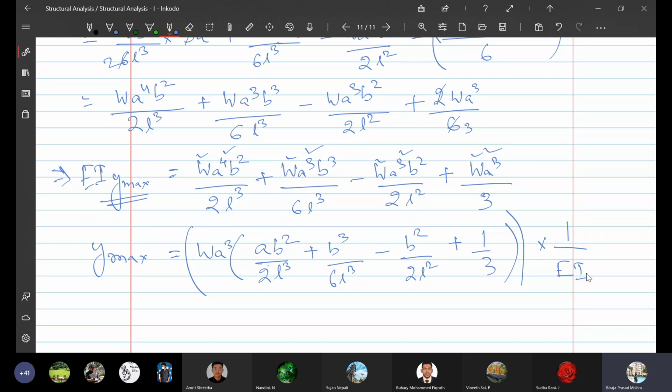Yes. So that is the point of contraflexure, from where the bending moment value changes its sign. So that we will find out in the next class.